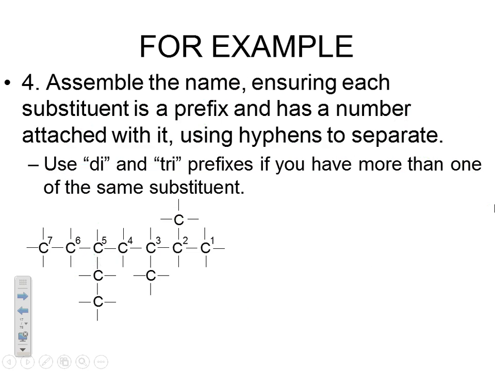So we start with our base name at the end, and then we add in the names of the substituents, but we include where they are. What I mean by that is this right here, this is a methyl, but it's on the number 2 carbon. So I actually stick a 2 out in front of the methyl prefix. So this isn't just methyl, this is 2-methyl, indicating that the methyl is on the number 2 carbon in the chain.